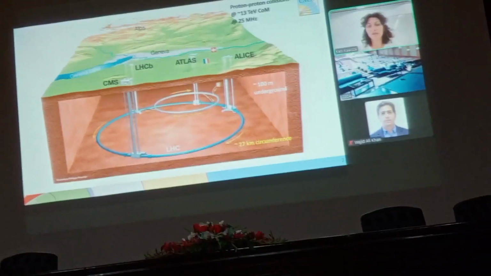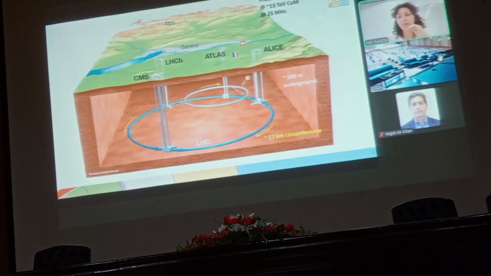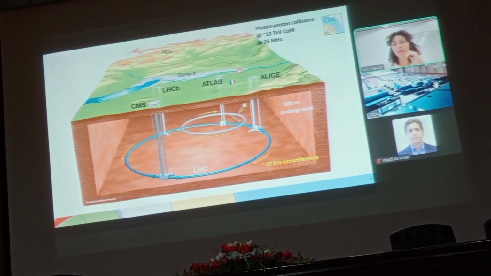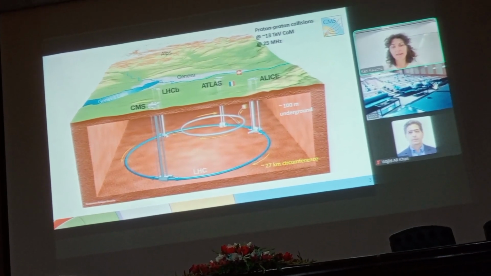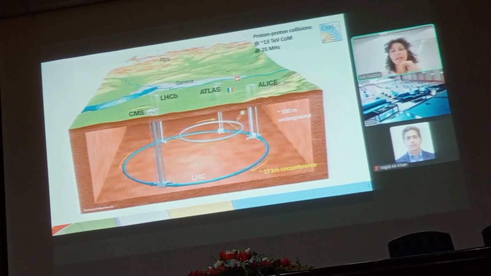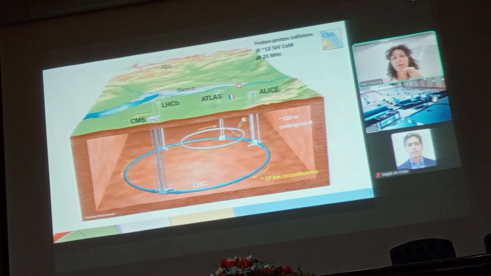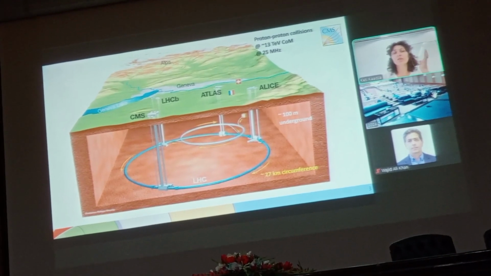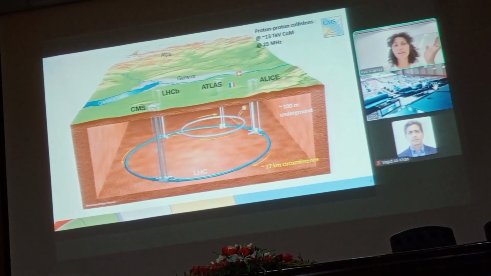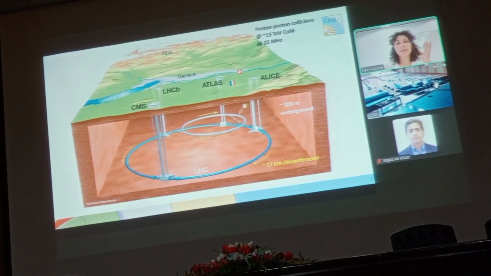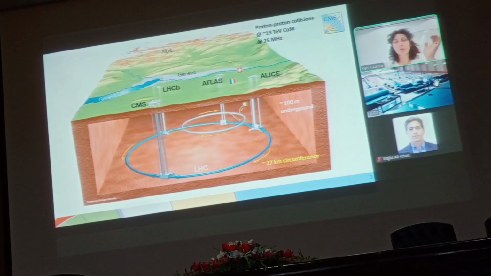The whole circumference of the tunnel is about 27 kilometers, and those 4 main experiments are located underground at this level. And the CMS, together with Atlas, are what we call general purpose detectors, which are designed specifically to study a broad range of physics topics, starting from measurements as well as searches and so on.